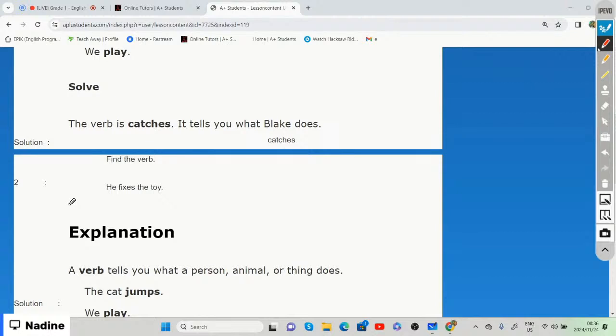So what did he do? And if we identify our verb, we'll say fixes. Right? So fixes is the verb that's telling us the action.